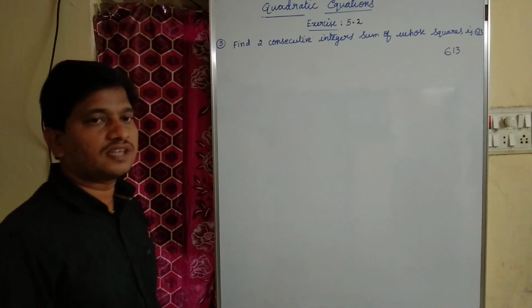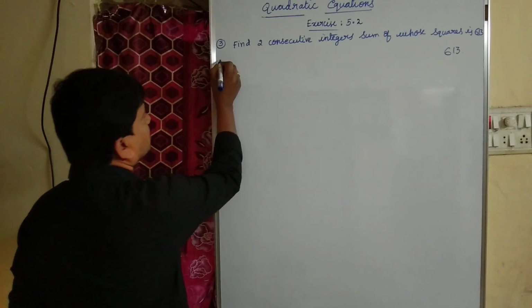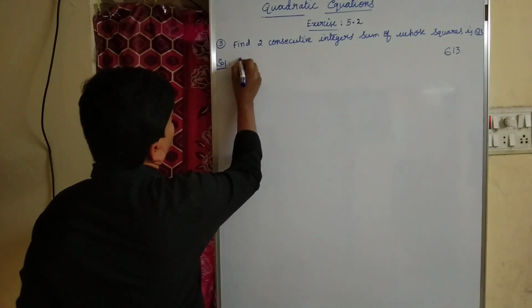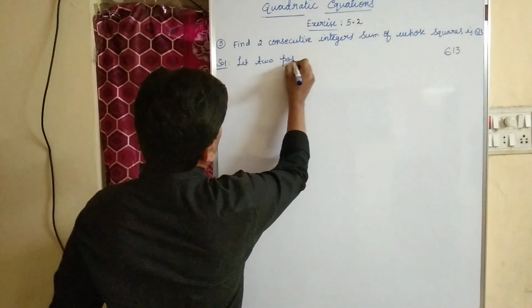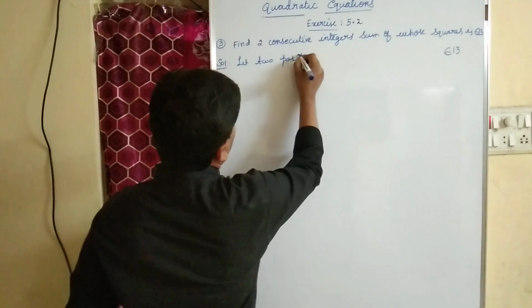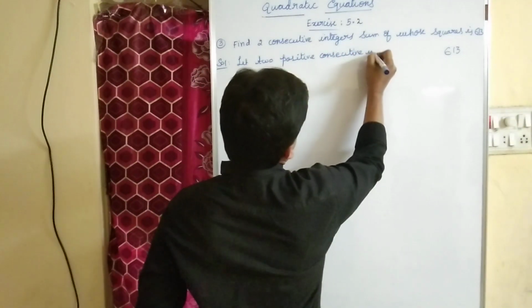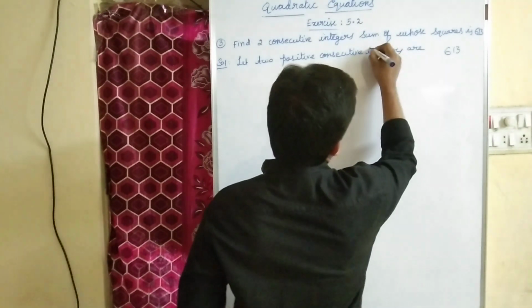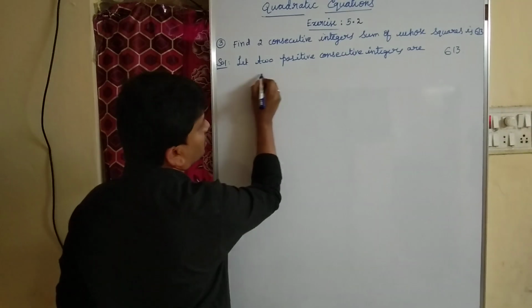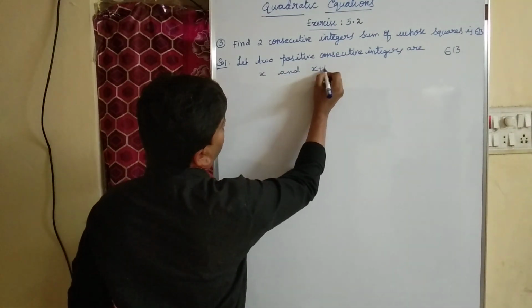We know from exercise 5.1, as we discussed, that two consecutive positive integers are: one positive integer is x and the second positive integer is x plus 1.